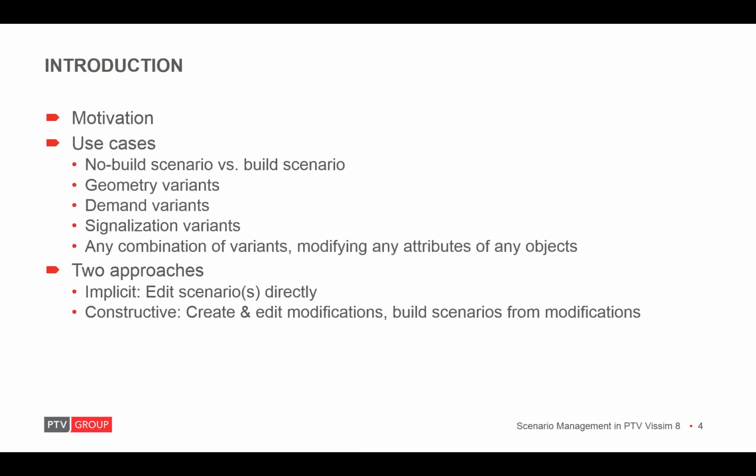You can have different demand scenarios like AM peak and PM peak. You can have signalization variants, different control types, or just different splits. And of course, any combination of these variants. With scenario management in Vissim, you can modify any attributes of any object. So you can do all this.